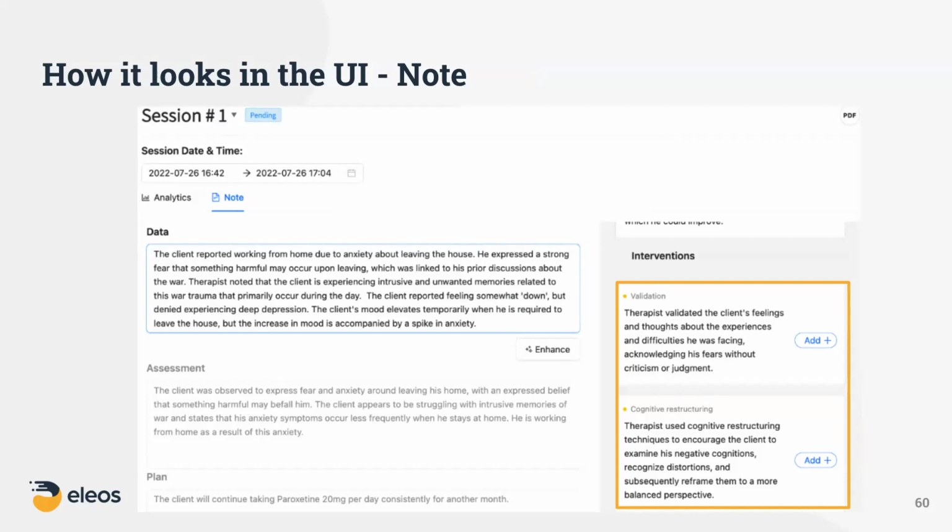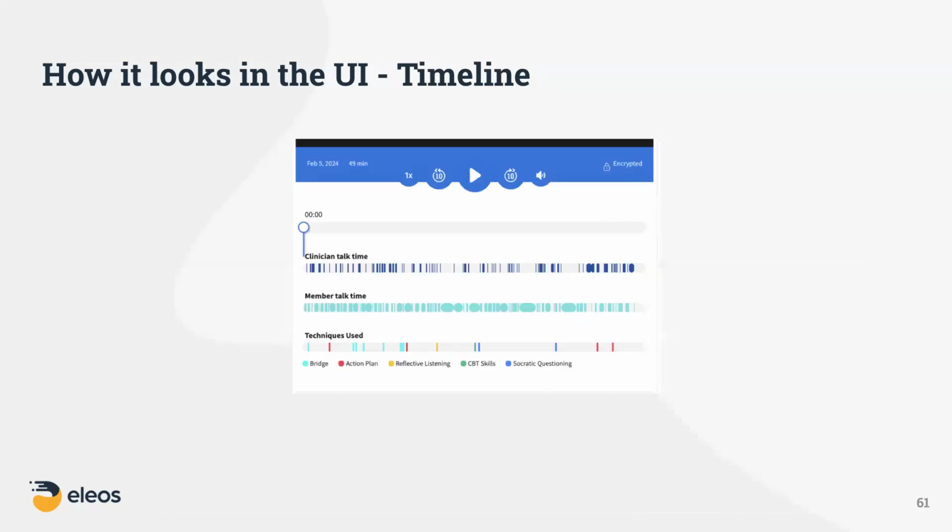Maybe he forgot he did something and we'll have it here. Maybe he just wants confirmation of whether he is applying the intervention or not. And we can also check this timeline here of the session with some techniques that he used during the session.